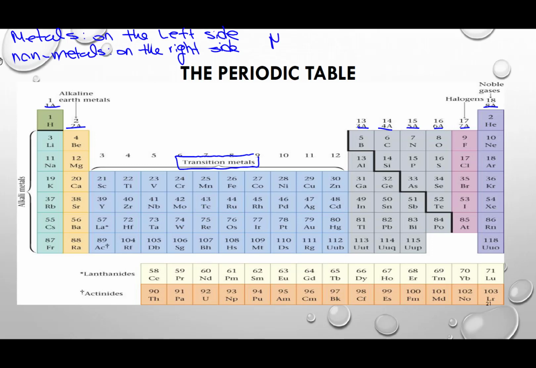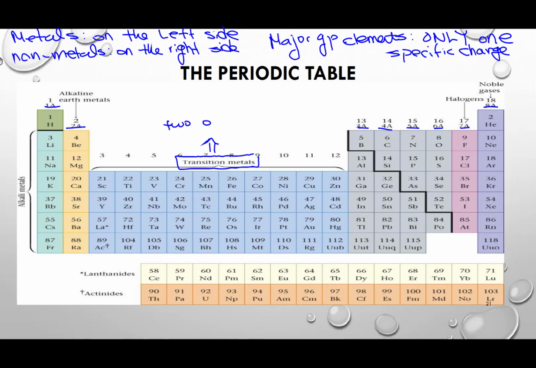By major group elements, they have only one specific charge. Whereas transition metals, they have 2 or more charges.